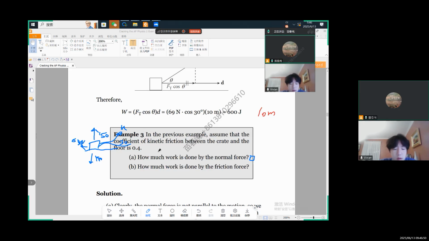You probably have to rethink your friction. Are you using 0.4 times this as the friction? You're assuming this is the normal force, right? But I said normal force doesn't really have a formula.